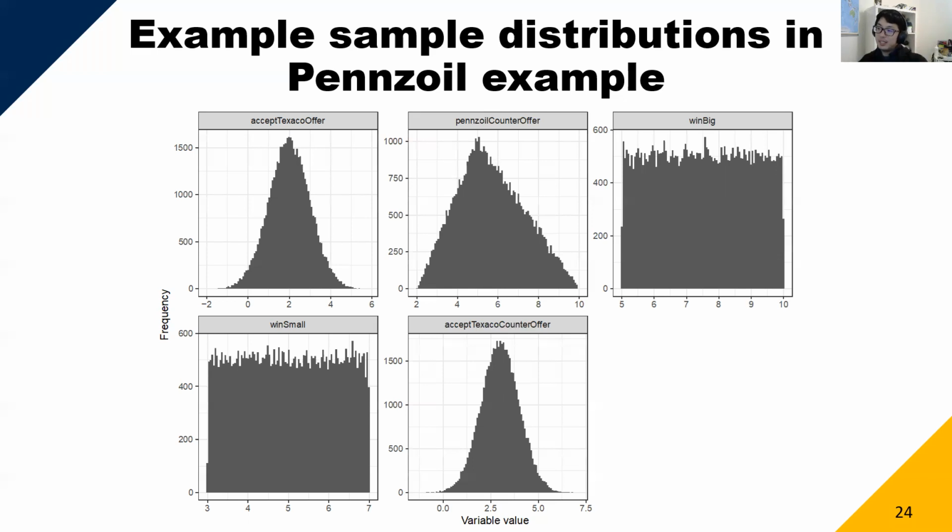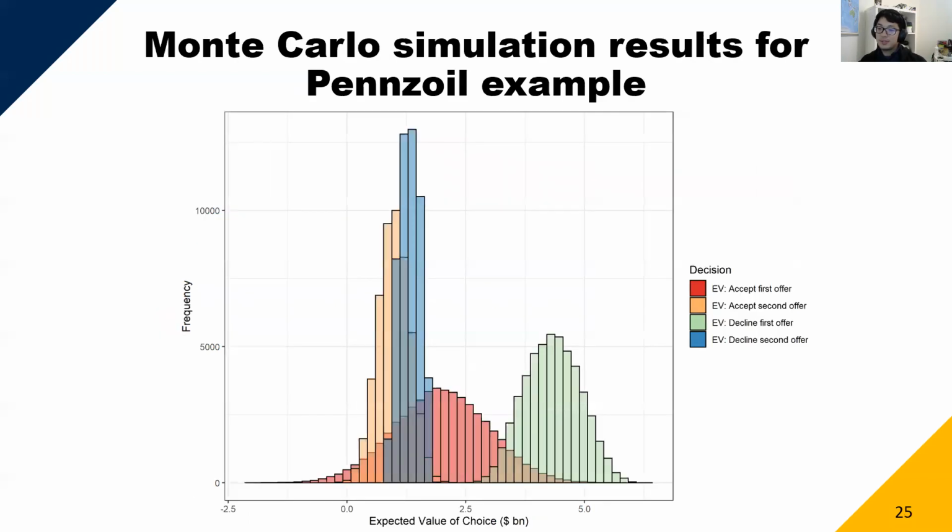And what we can see in the output is that now, instead of just saying yes or no to each of my decision nodes, I can have distributions of values. This is the typical result that you would see in a Monte Carlo analysis, where your outputs are now represented as distributions instead of static values.